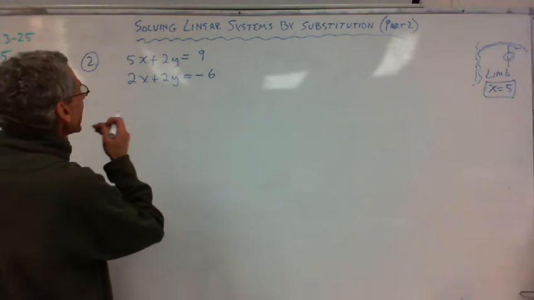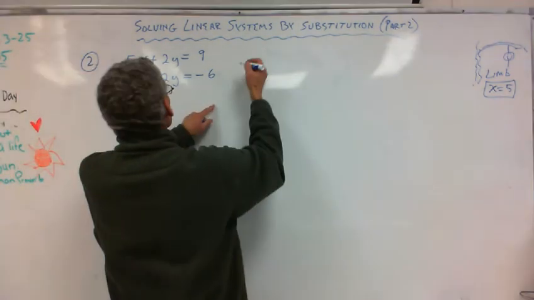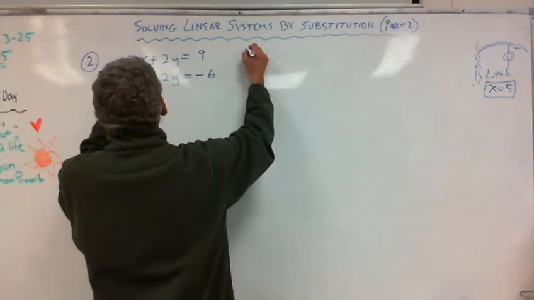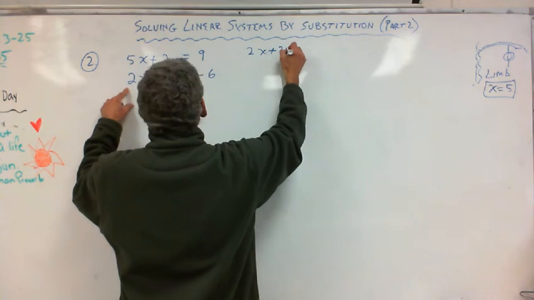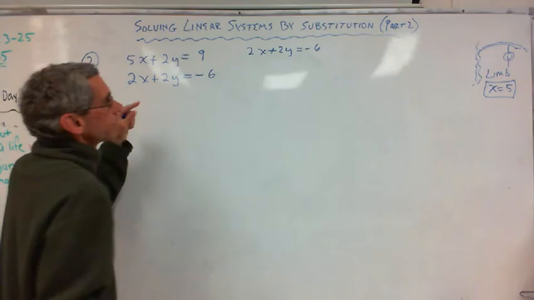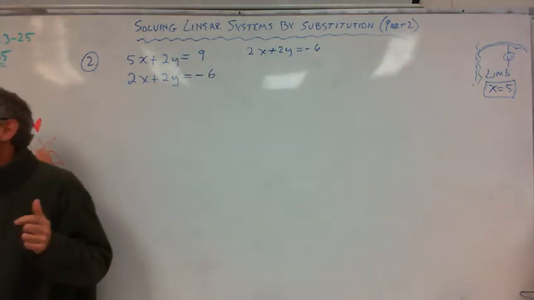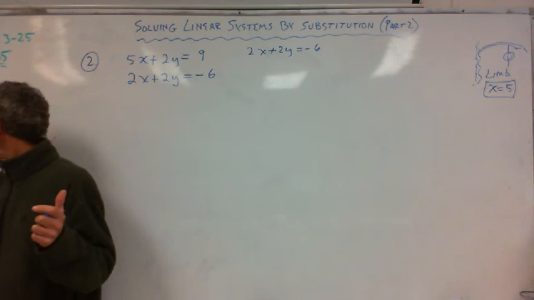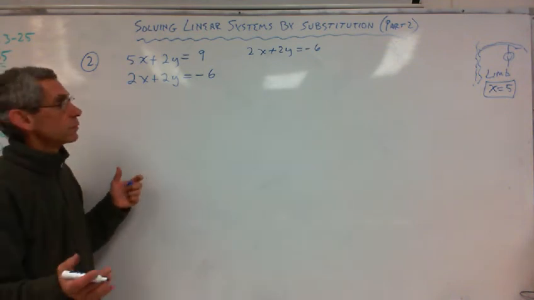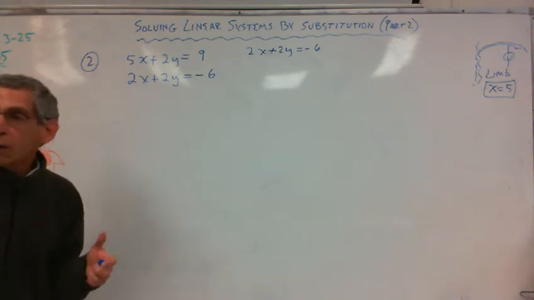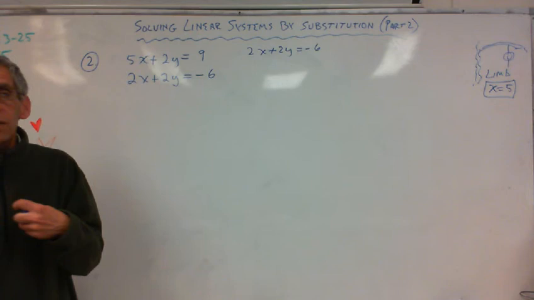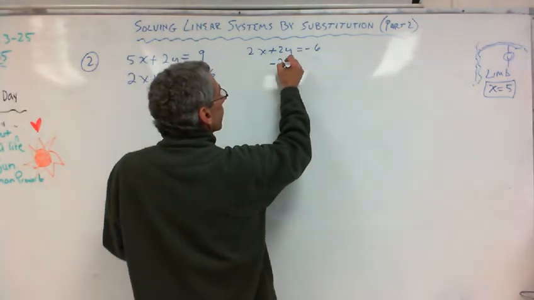No, I don't know. Okay, we agreed on this one, so we're going to manipulate this one. I'm going to write over here, 2x plus 2y is equal to negative 6. Okay, what do I do? Which one do you want to move? Subtract 2y. All right, that's fine. We'll subtract 2y.